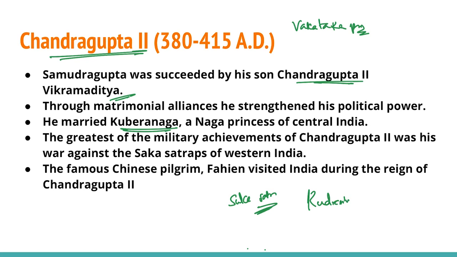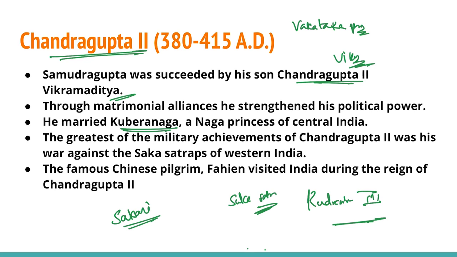Rudrasimha III, the last ruler of the Saka satraps, was defeated, dethroned and killed. His territories in western Malwa and the Kathiawar peninsula were annexed into the Gupta Empire. After this victory, he performed the horse sacrifice and assumed the title Sakari, which means destroyer of the Sakas, and he called himself Vikramaditya.